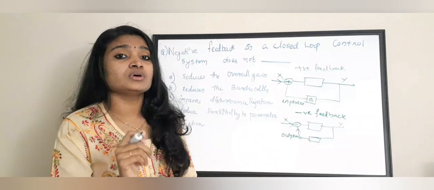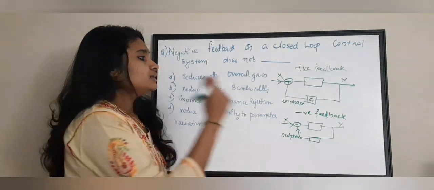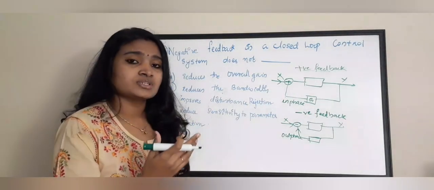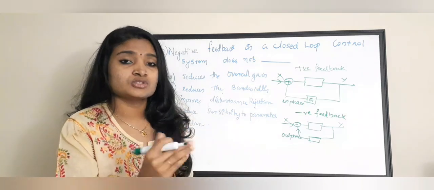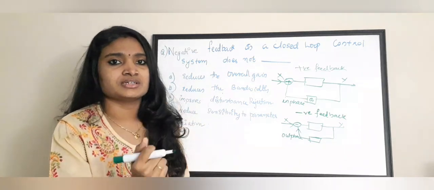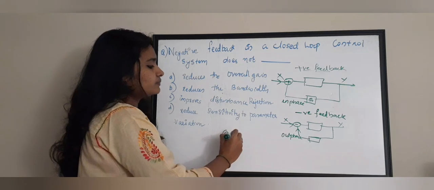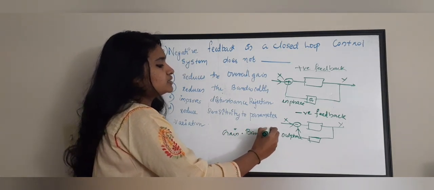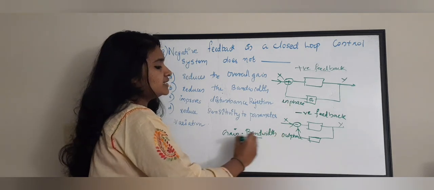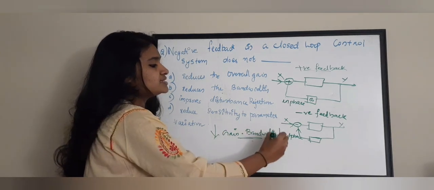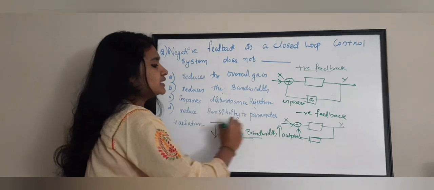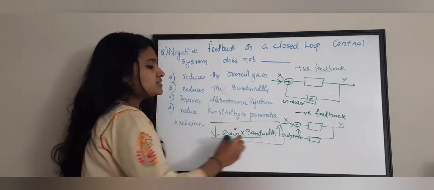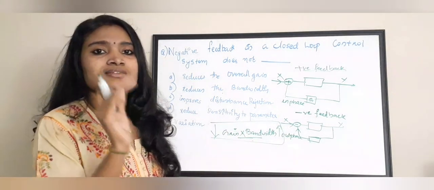But you have to remember one thing: even though the gain will get reduced, the bandwidth will increase to cope with this reduction. That is, the gain bandwidth product will be the same. Even though the gain is reducing, the bandwidth is increasing, and hence the gain bandwidth product is the same. So keep this in mind.